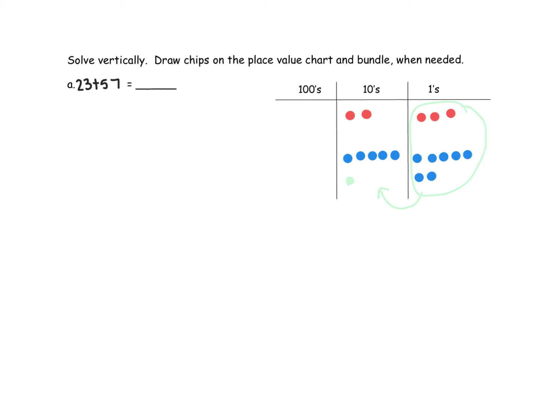Now let's count our tens place. We have 1, 2, 3, 4, 5, 6, 7, 8. So we know that we have 8 tens and 0 ones. Now let's write this vertically. We have 7 plus 3, so 7, 8, 9, 10.